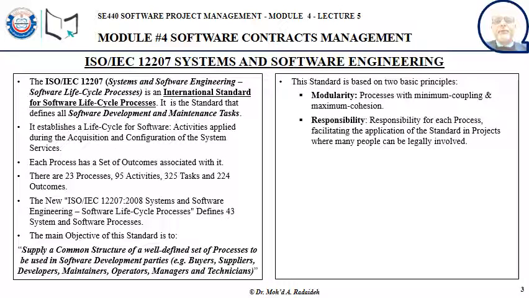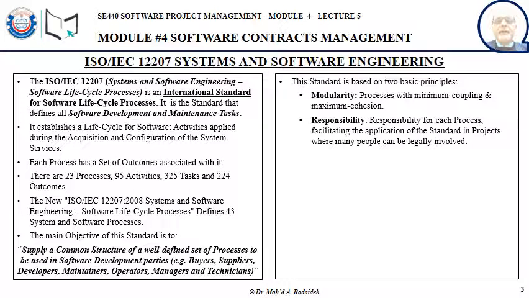As far as the principles involved in this standard, we have the modularity and the responsibility principles. Modularity has to do with the coupling and cohesion of the processes. Processes in this standard have minimum coupling and maximum cohesion.